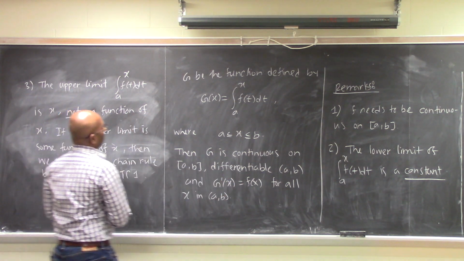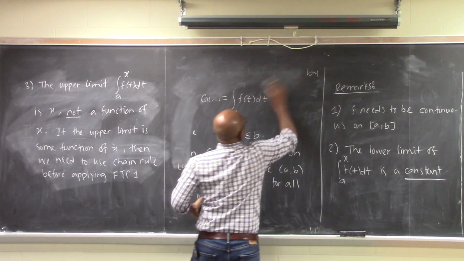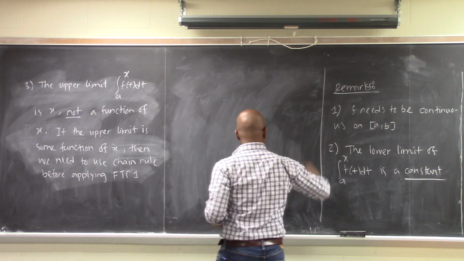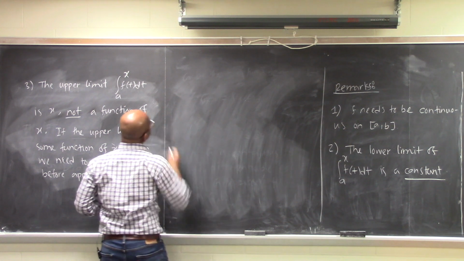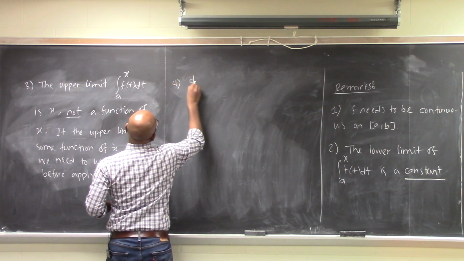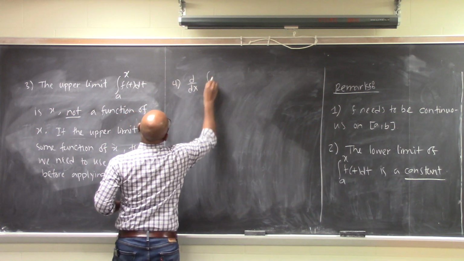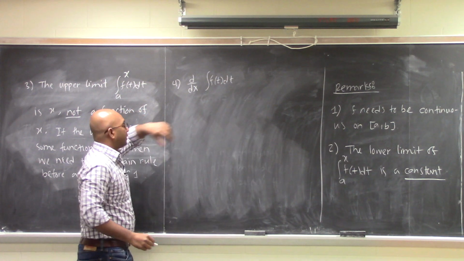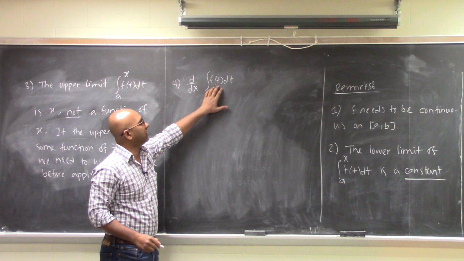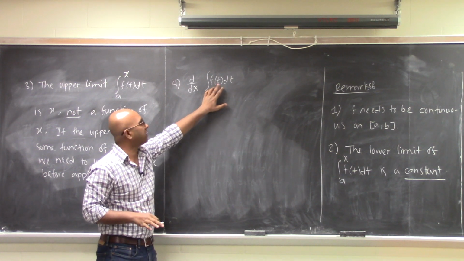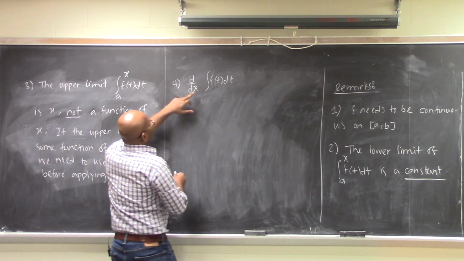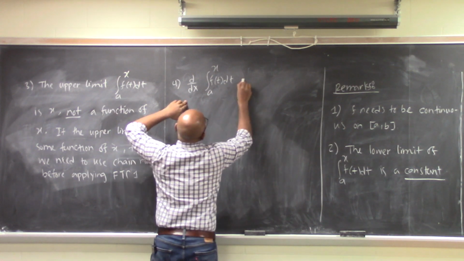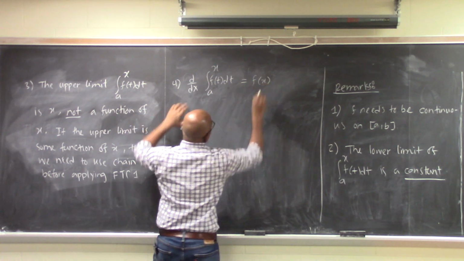So number 4 is this remark, d dx of the integration of f of t dt. When you integrate, you need to use a different symbol here, like t, and you have to keep x for this. Now this guy equals what? f of x.